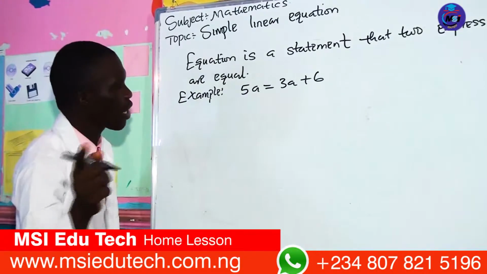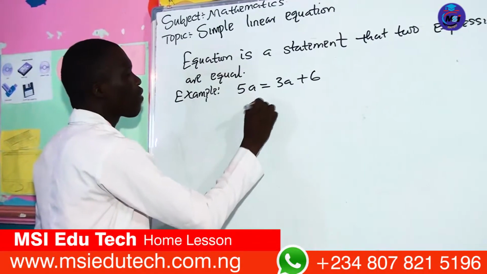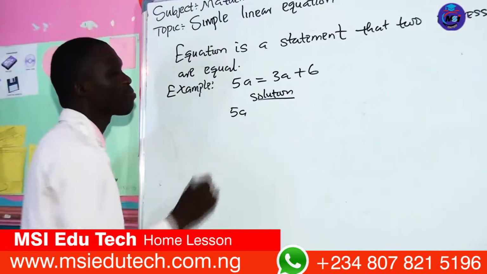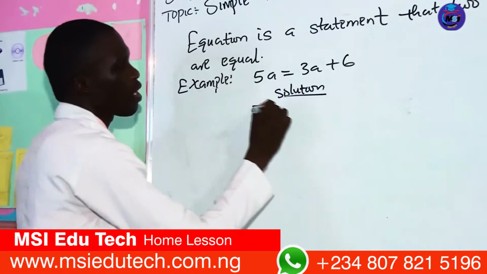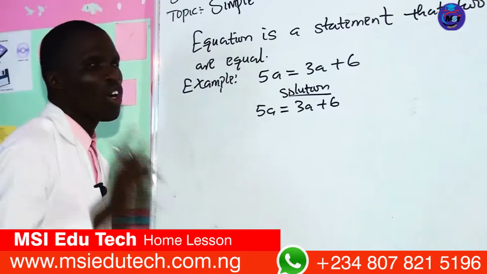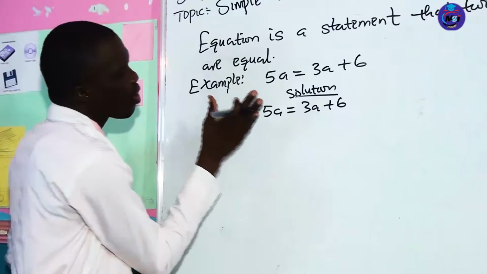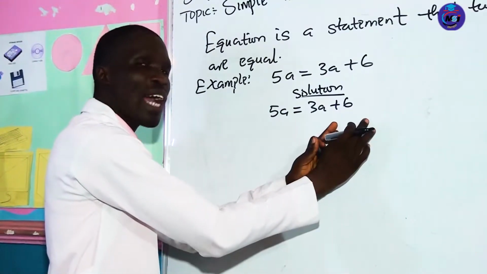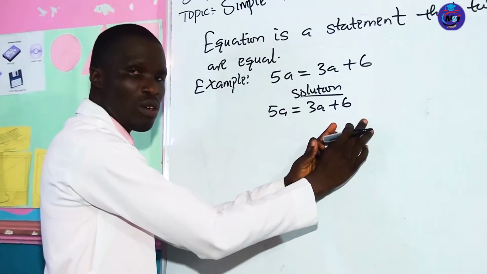Let's prove it. Okay, solution: 5a equals 3a plus 6. We want to prove that what we have here is the same thing as what we have here. So what are we going to do?